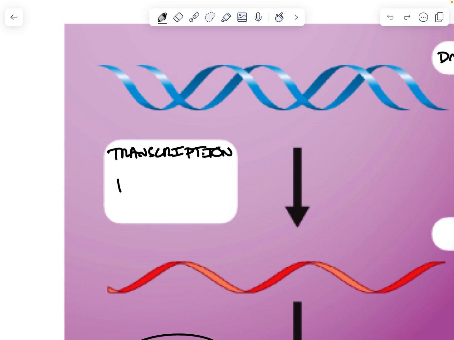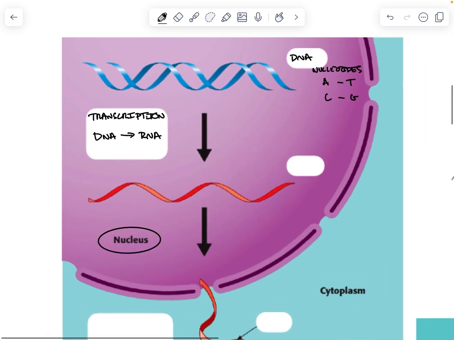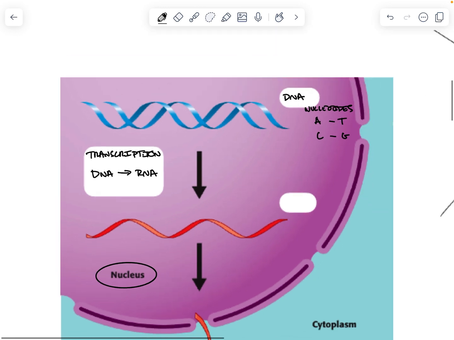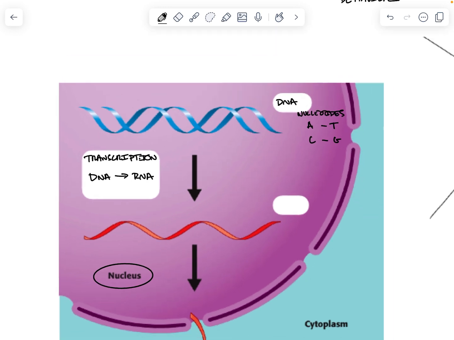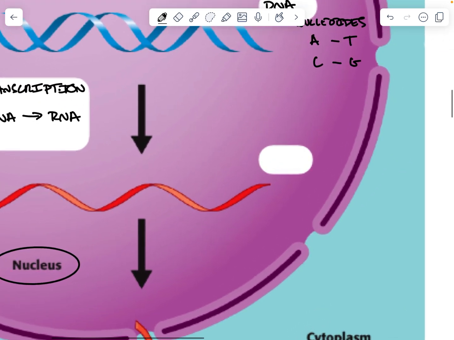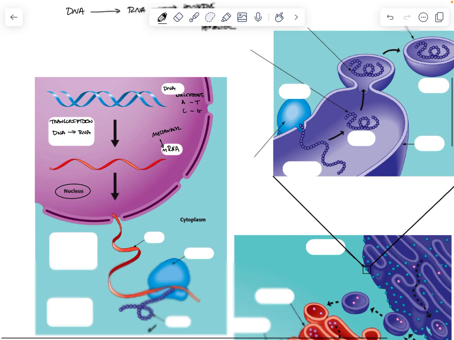Transcription is when DNA is read and an RNA is synthesized from it. An RNA is also a form of nucleic acid, so both DNA and RNAs are nucleic acids. And this specific type of RNA is called an mRNA. It's a messenger RNA.